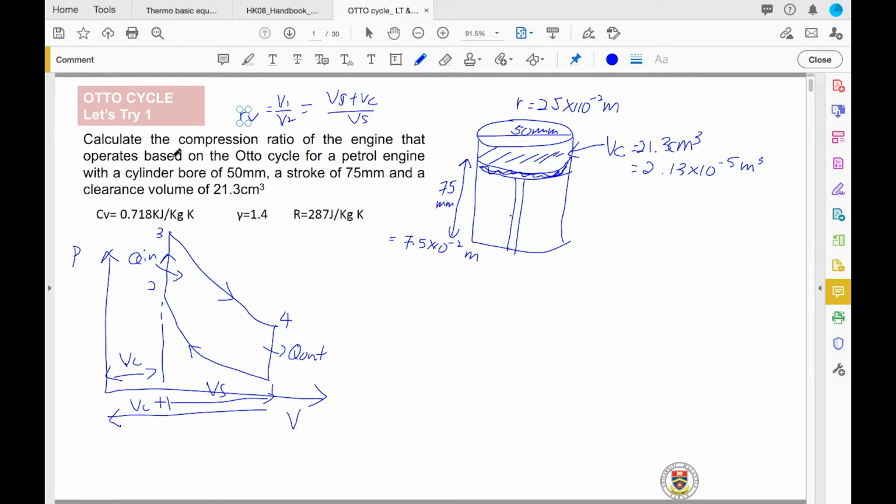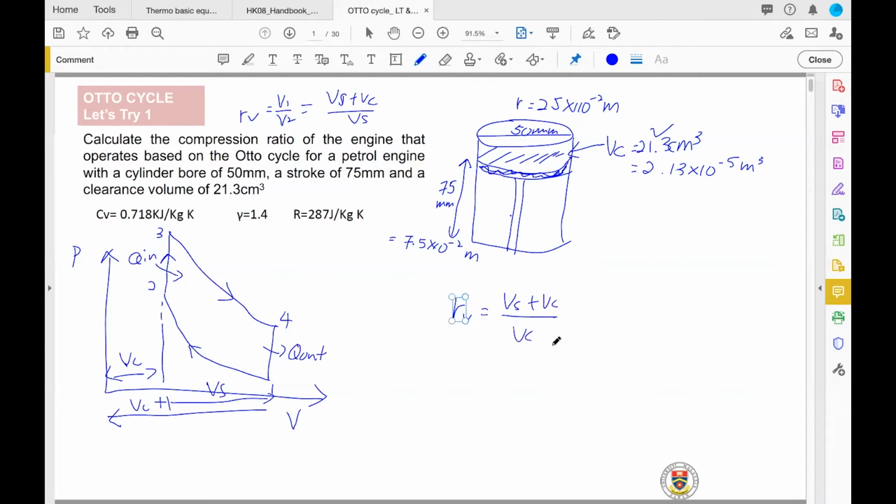The question is asking for the compression ratio. The first thing is Vc is given. Make sure you change everything to SI unit, that will be easier. So I will just put the equation in there.